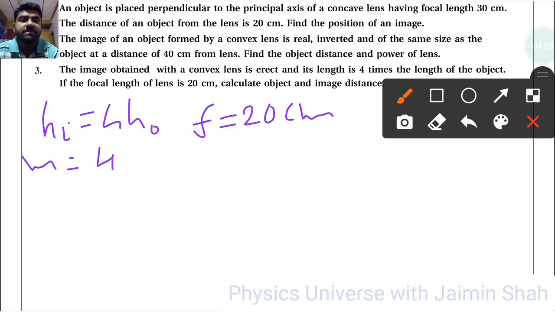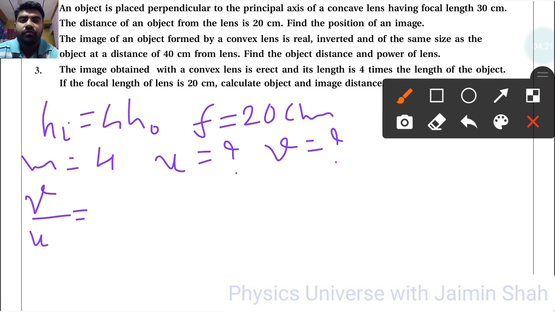Calculate the object distance u and image distance v. So we have m is equal to 4 and f. Magnification m is equal to v by u, so v by u is 4. So v is equal to 4 into u.